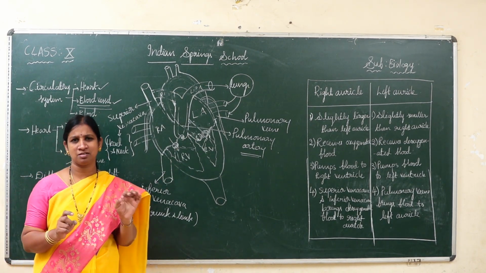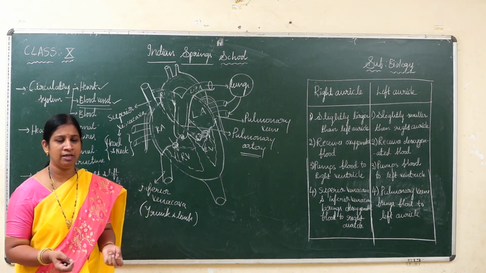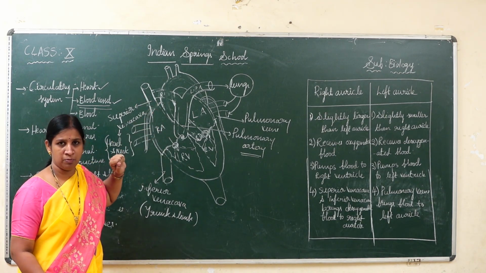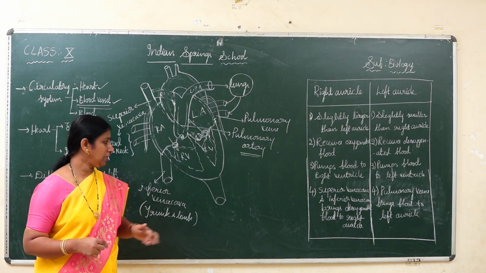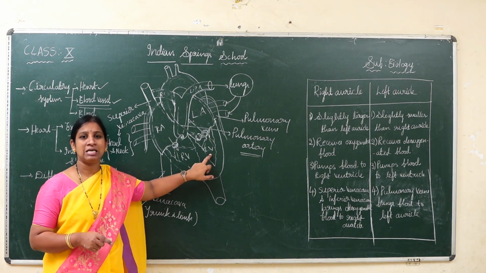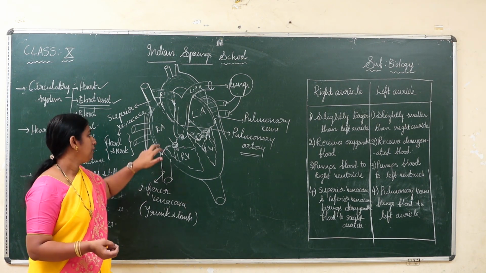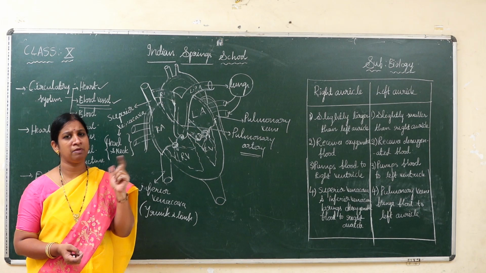Not much difference, just slightly smaller than the other two. The reason is that right auricle receives blood from all parts of the body, because of which it is slightly bigger. The same here: left ventricle supplies blood to all parts of the body. Because of that, right auricle and left ventricle are slightly bigger than the remaining two.